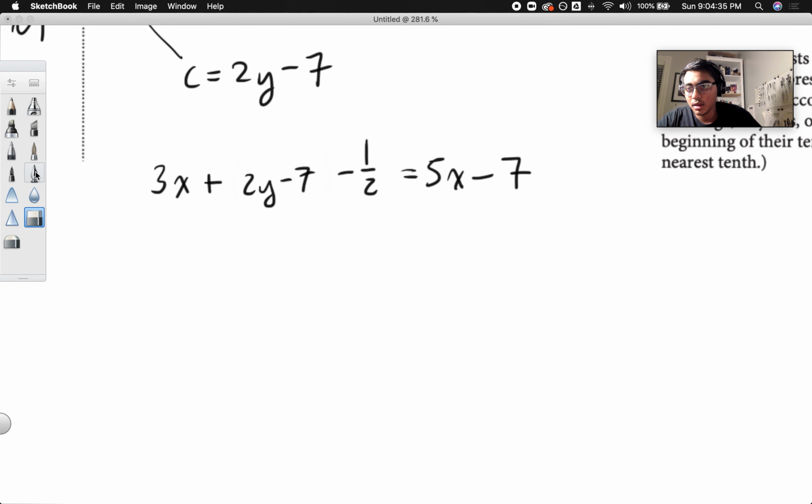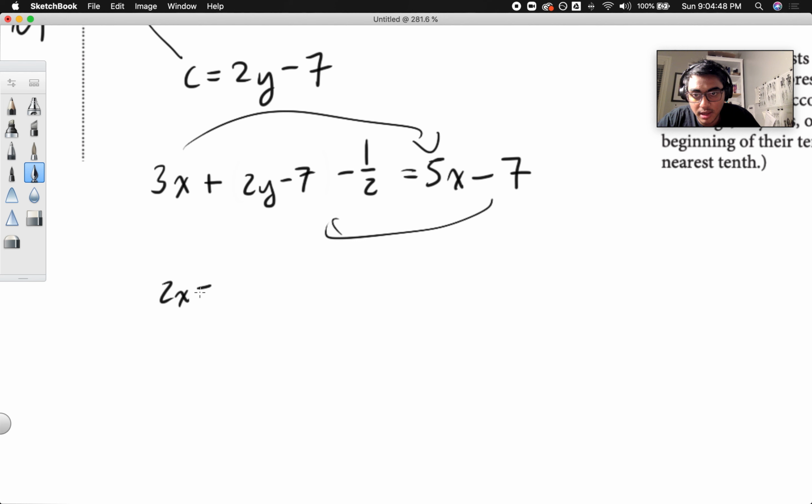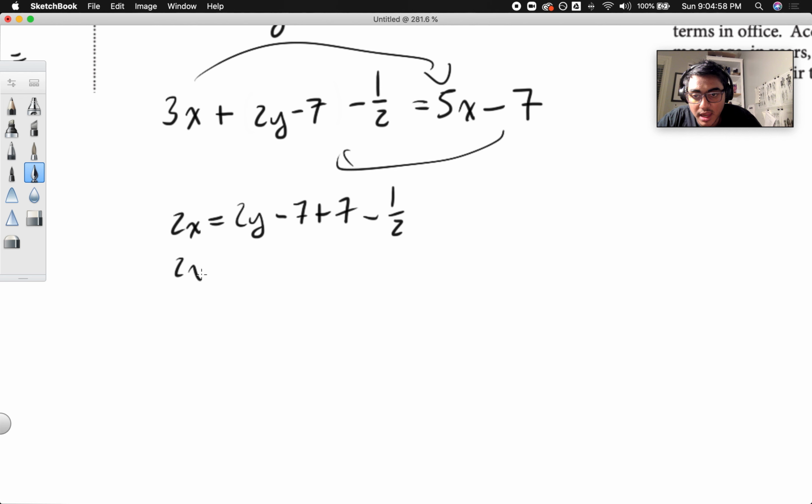Okay. Now let's just solve for x. So let's move the 3x to this side and the 7 to this side. So 5x minus 3x equals 2x. So 2x is equal to 2y minus 7 plus 7 from the other side minus a half. The 7 cancels out, and then we'd have negative 1/2 remaining.